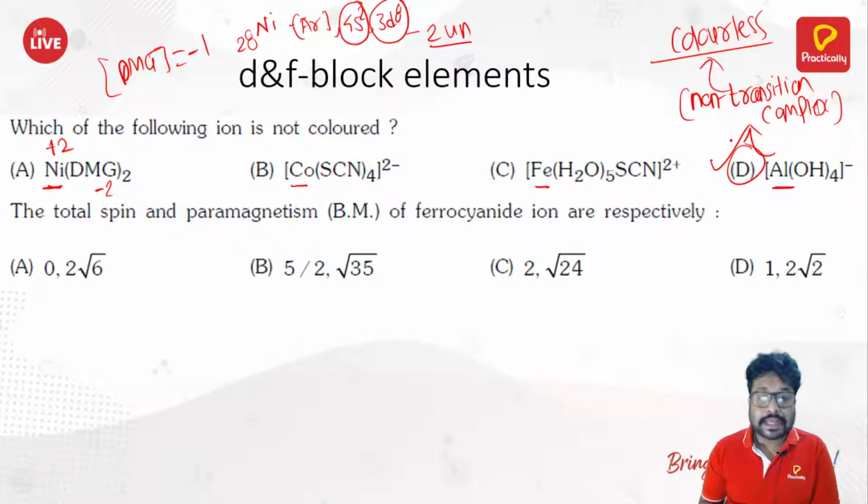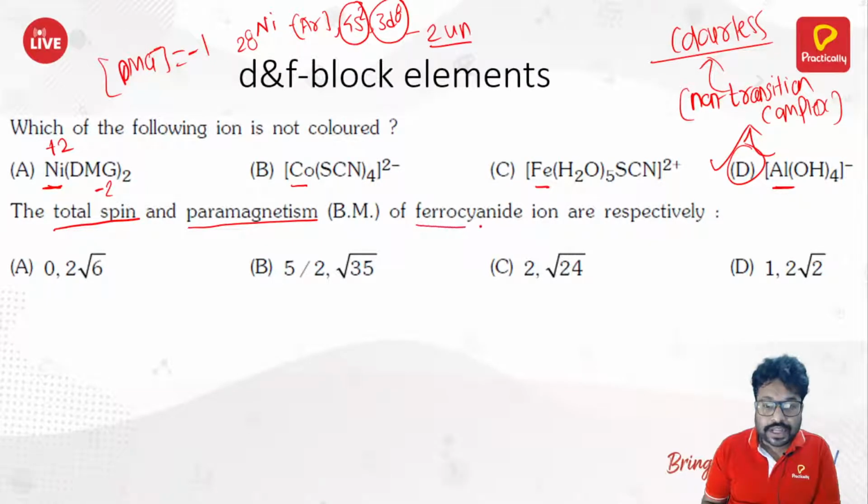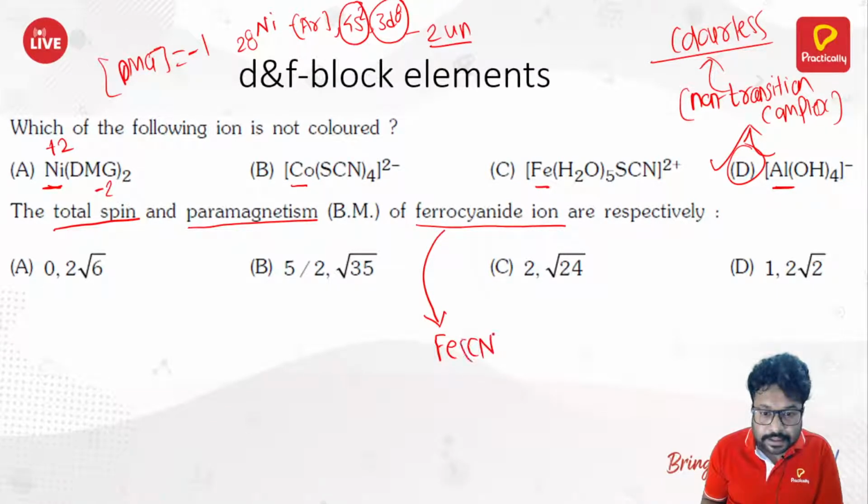Okay. And the last question from d and f block elements. The total spin and paramagnetism of ferrocyanide ion are respectively. The formula for ferrocyanide is Fe(CN)6 4-.